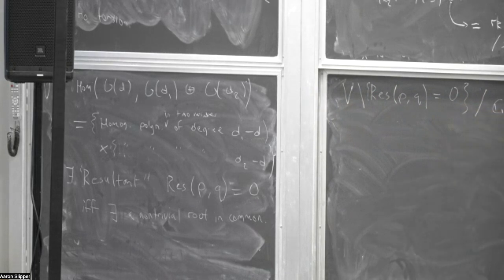So these are quasi-projective, right? They're actually affine because you excise a divisor.